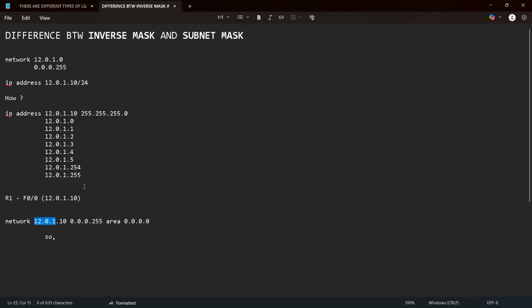After that, for every host from 1 to 254, I can enable OSPF. So by virtue of this, we are able to configure OSPF for this range of IP addresses, only by this inverse mask.